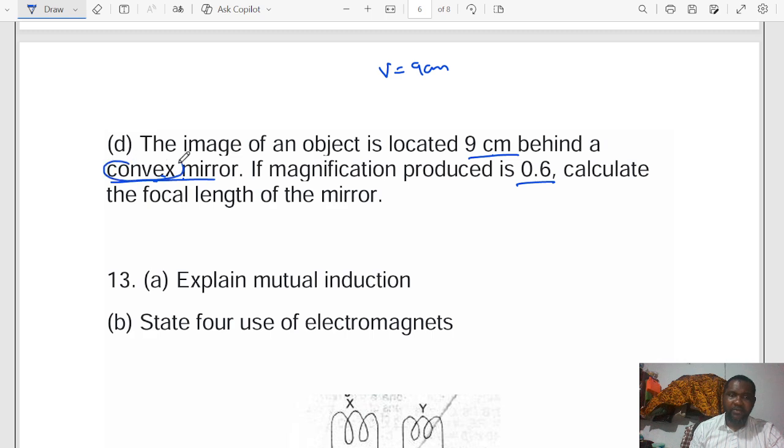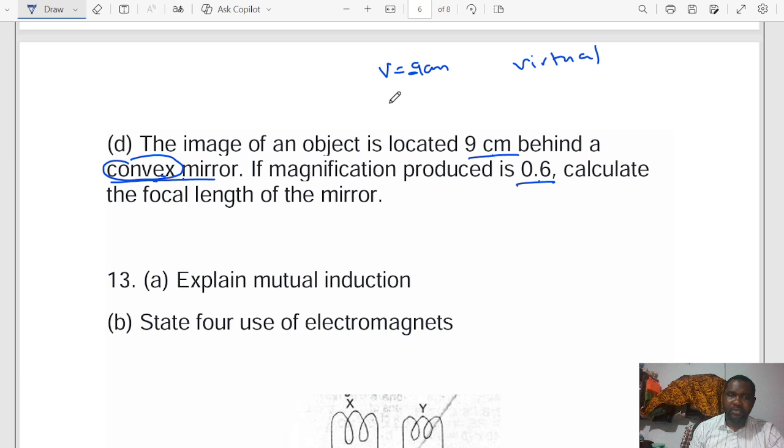Since the mirror is convex, the image is definitely a virtual image, because a convex mirror always produces a virtual image. And because of that, v must be negative. Then magnification is 0.6.